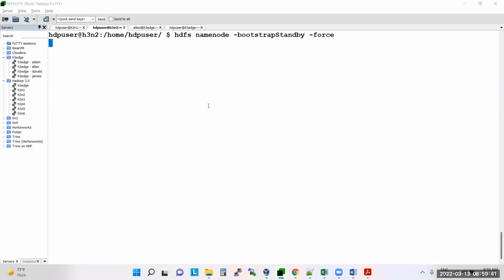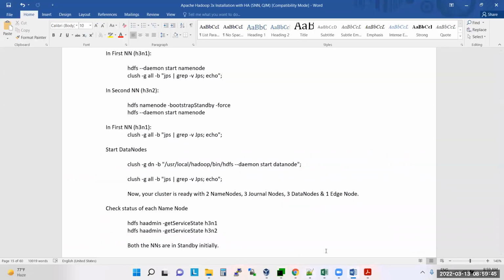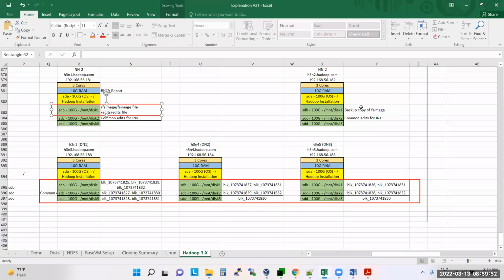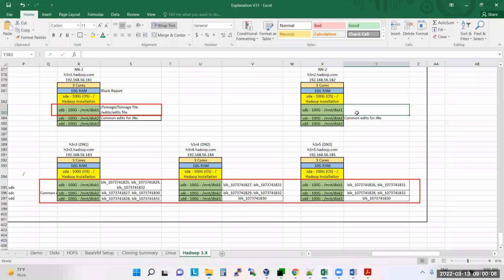Normally, if I want to start a name node, it should have a copy of the FS image and edits, right? Yes, sir. It's a new name node. Does it have a copy of FS image and edits? No, sir. But now, when I run this command bootstrap standby, it will automatically copy the FS image file from here to here. Understood? Yes, sir.